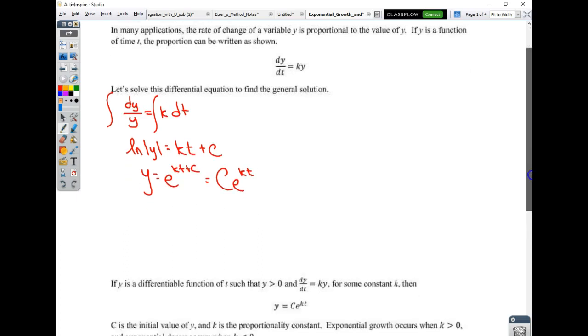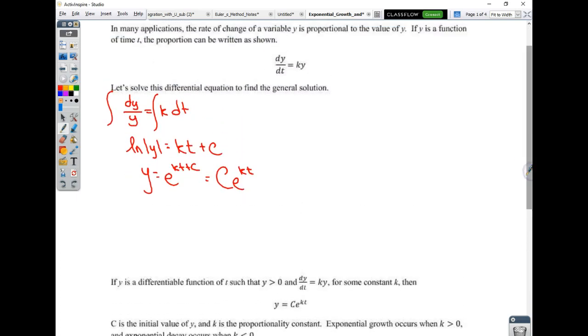All right. So a couple things you need to realize from this. First off, as an exponential growth and decay, this will always be true that if I have some dy dt that is proportional to itself, so the rate of change is equal to itself times k, then we'll always get ce to the kt.